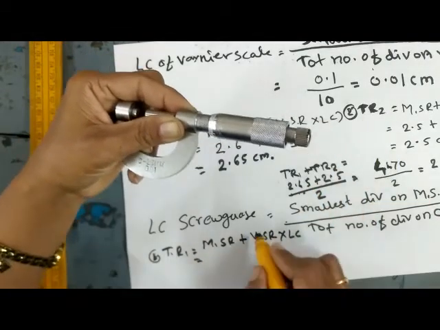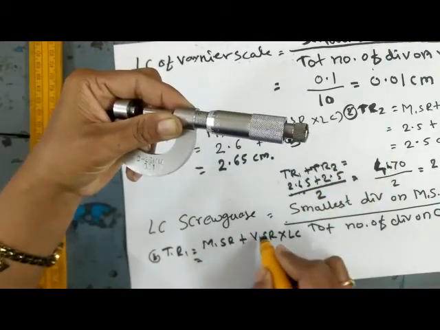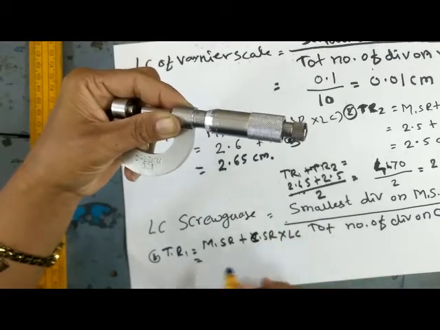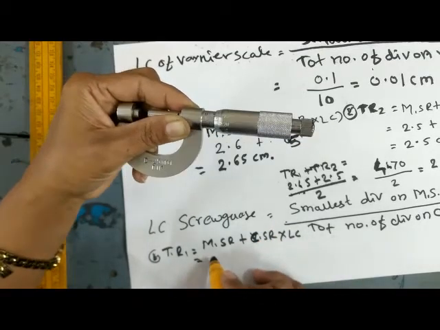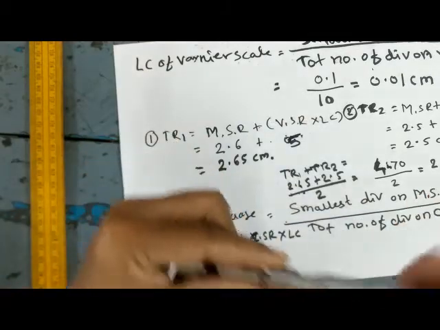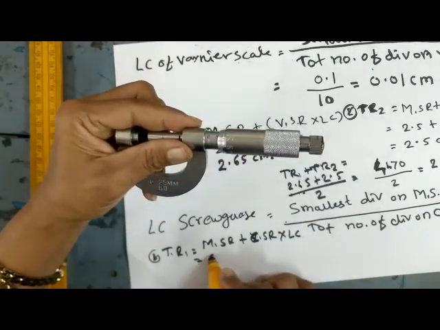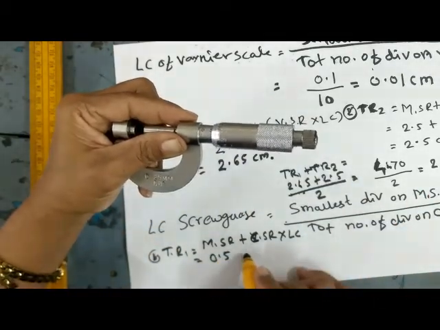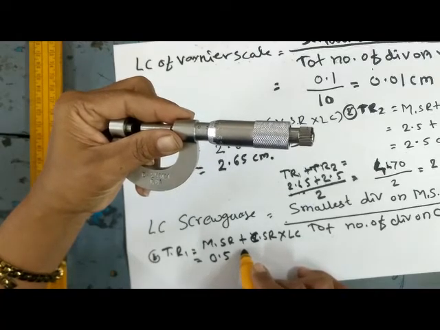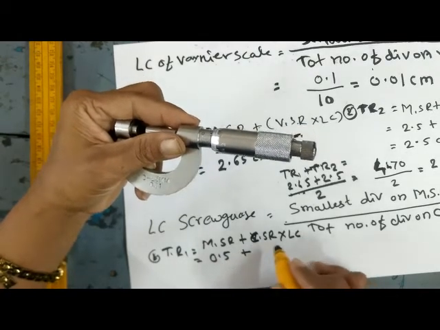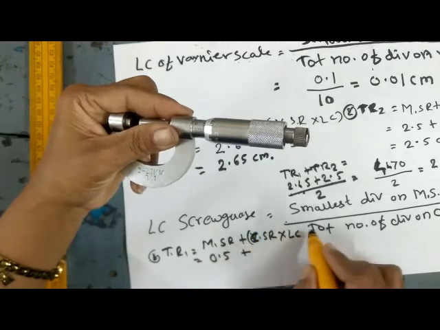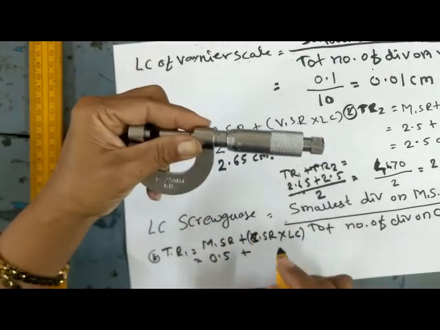In this case we get the circular reading. MSR is 0.5 and CSR is 20.